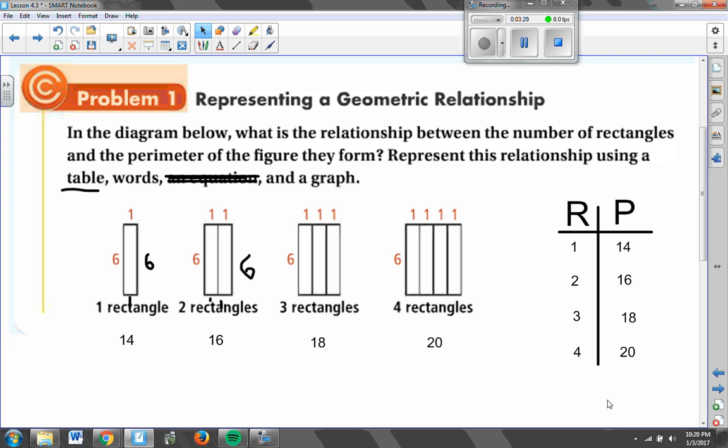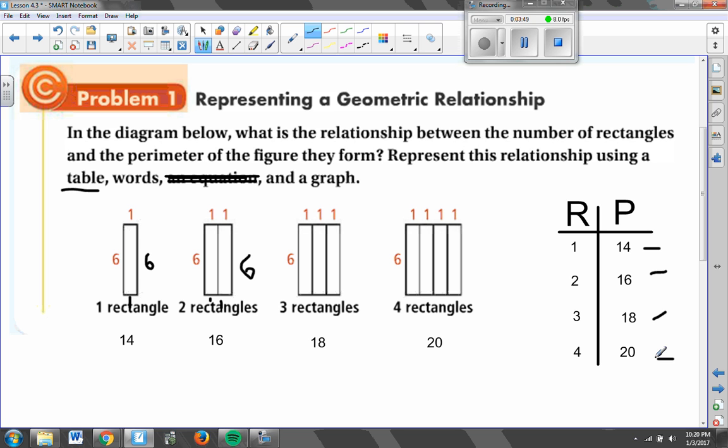Now we have to start looking at the pattern. Now that we've created a table of values to show our number of rectangles and their perimeters, we have to find a pattern. So we look at the perimeter of each of these shapes, 14, 16, 18, 20, and find a pattern in those numbers.